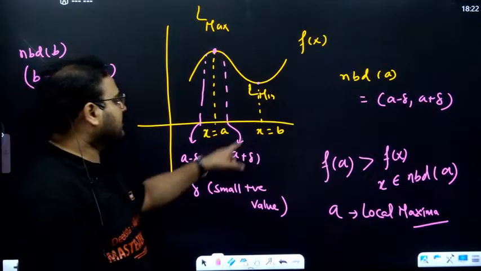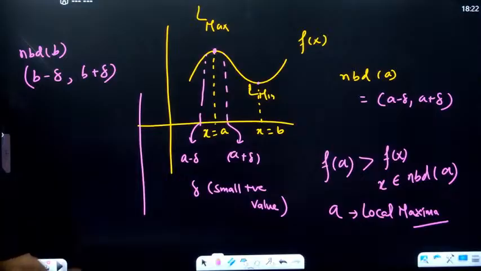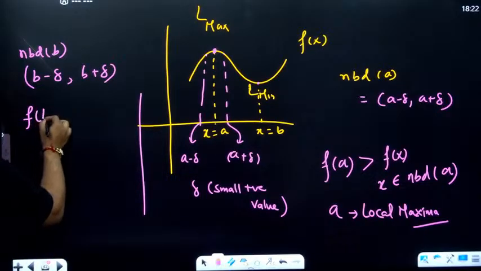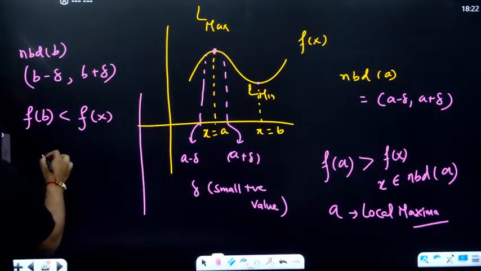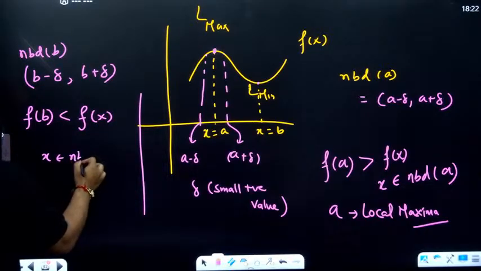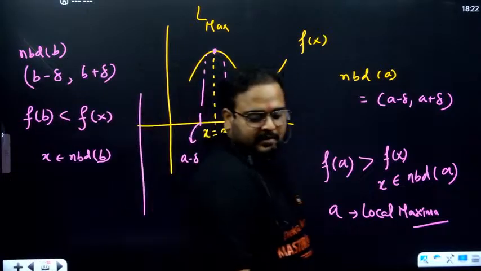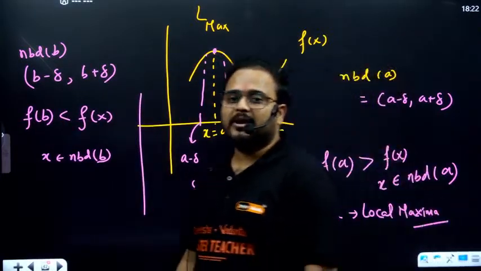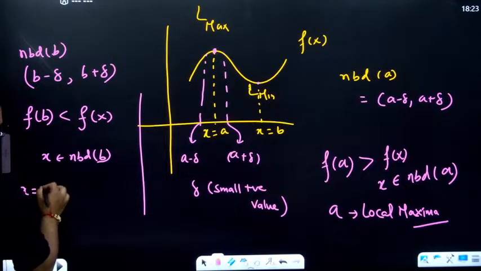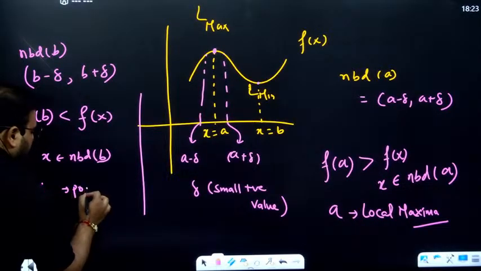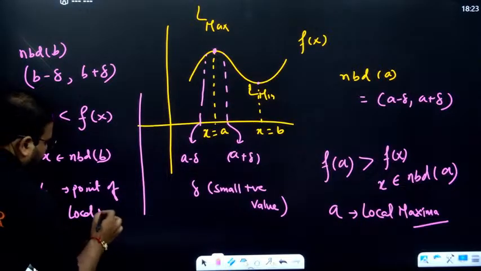So when we write x equals B, what it actually implies is that f of B is less than all f of x, where x belongs to the neighborhood of the point B. That's the meaning, then x equals B will become the point of local minima.